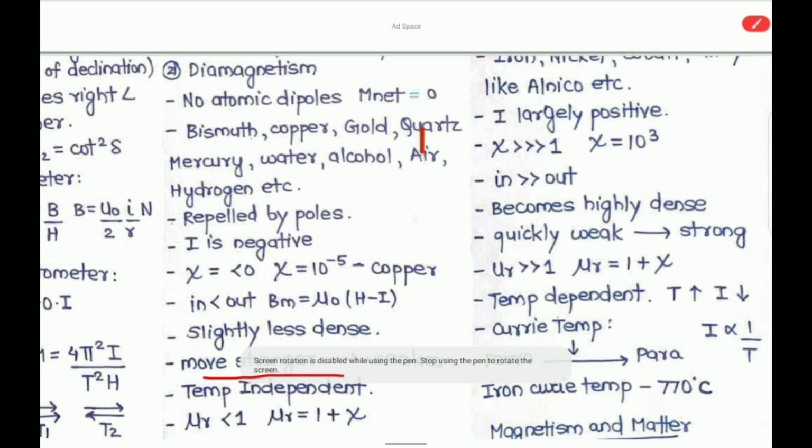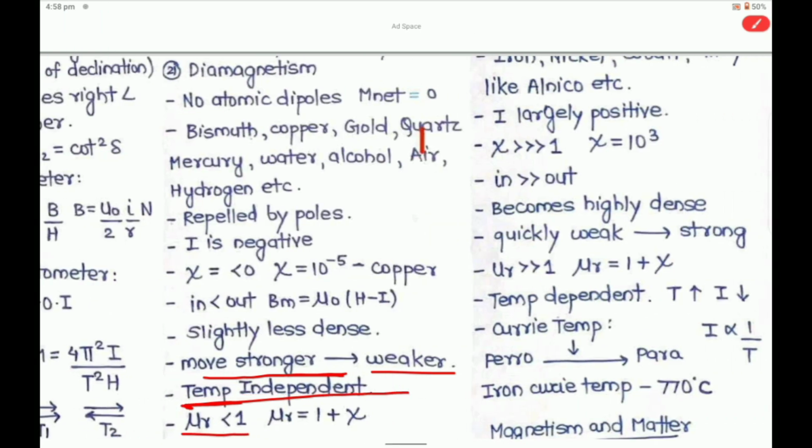Slightly less dense, it moves from stronger field to weaker field, is temperature independent, and its relative permeability is less than 1, equal to 1 plus xi.